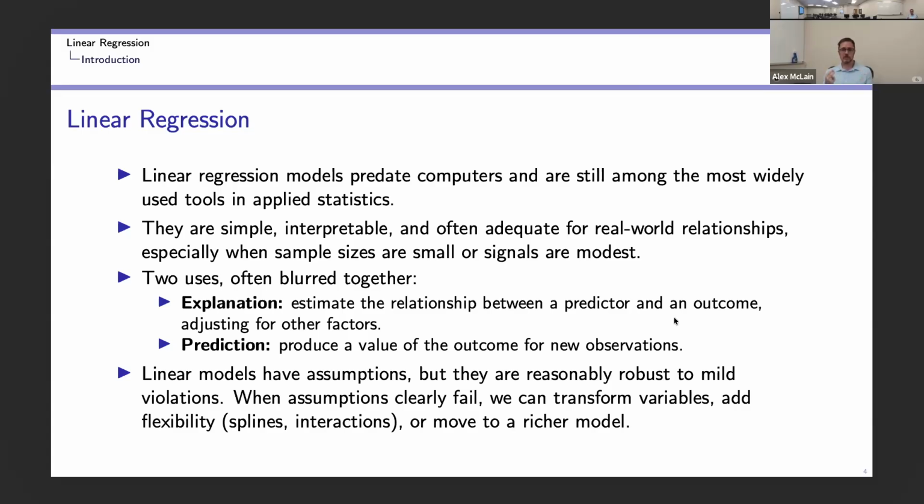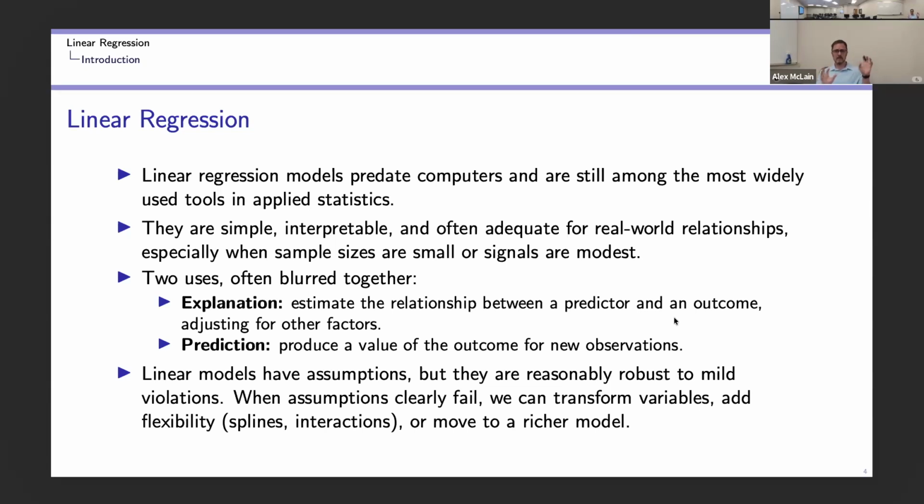There are two uses. First one, explanation. So we want to estimate the relationship between a particular variable and an outcome. For example, we want to estimate the relationship between age and systolic blood pressure. That's what we're interested in. It's more the explanation type analysis.